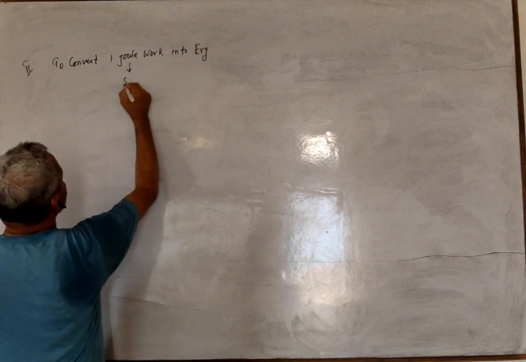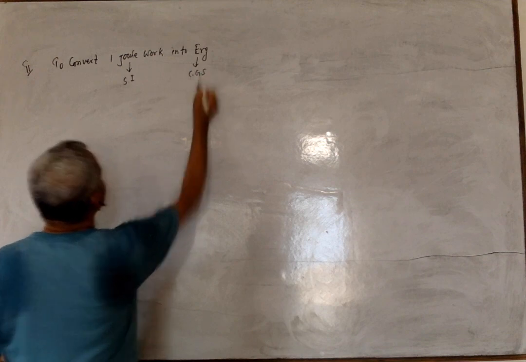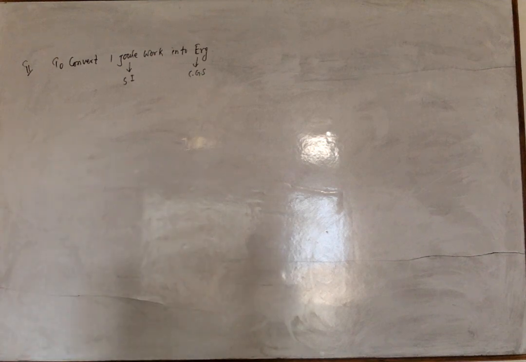Joule is the SI unit of work and erg is the CGS unit, or how many ergs are in 1 joule.